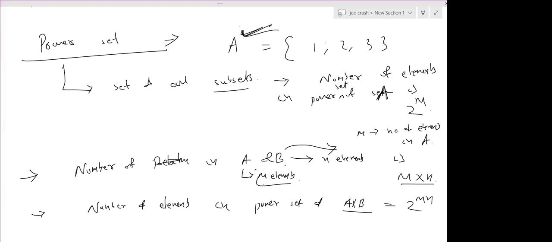The number of relations, the number of ordered pairs actually. All right. The number of elements in the power set of A cross B is 2 to the power mn, because we have mn elements in A cross B.